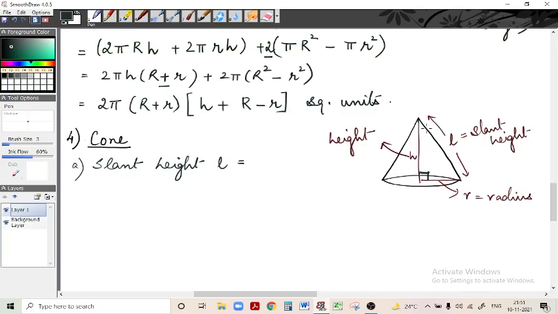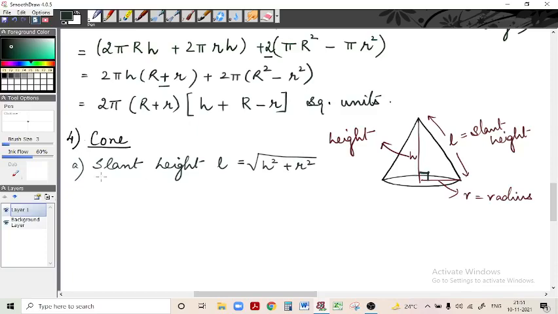This part will act as the hypotenuse, this is my base and this is my perpendicular. So h is the perpendicular, r is the base, and L is the slant height. I can find slant height L as under root of h square plus r square. This is the formula to find the slant height.